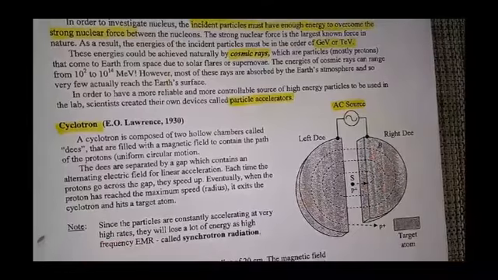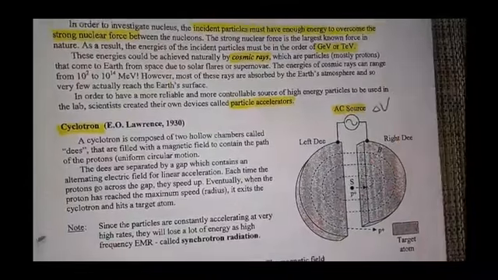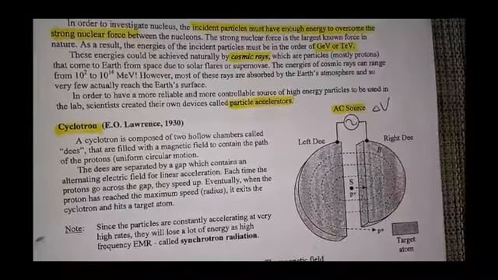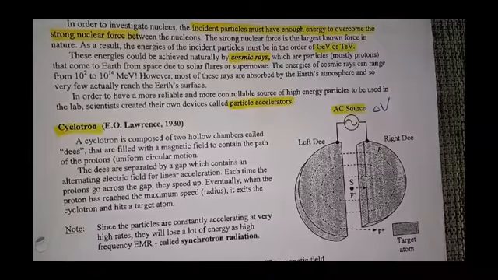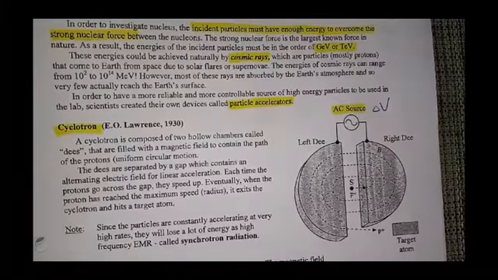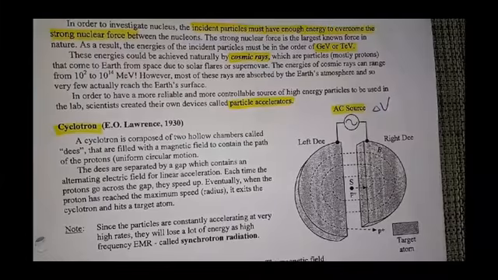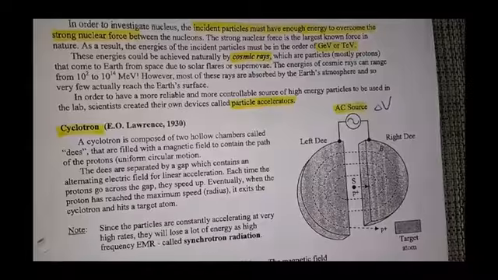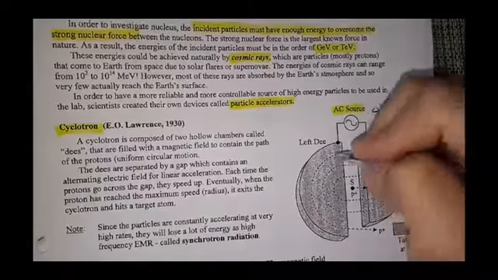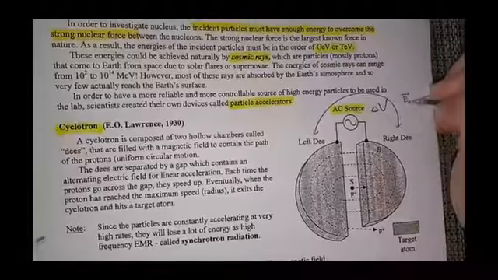First things first, you have an external source that is attached. And you have a semicircle chamber on the left side and a chamber on the right side. Those two hollow chambers are called Ds, and an external magnetic field goes through each of them.